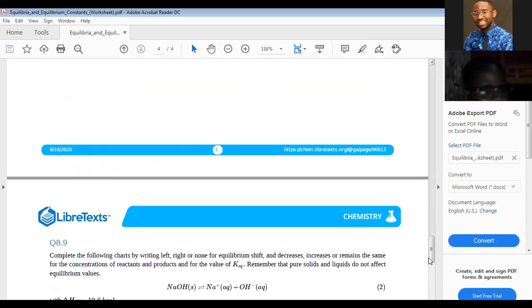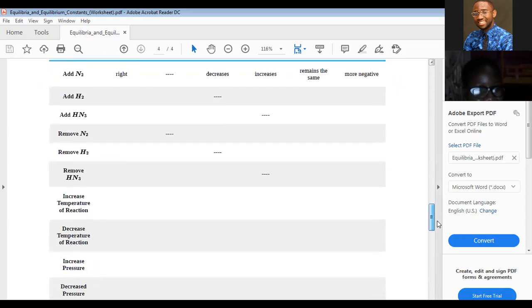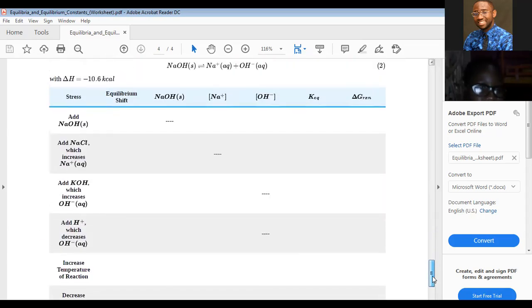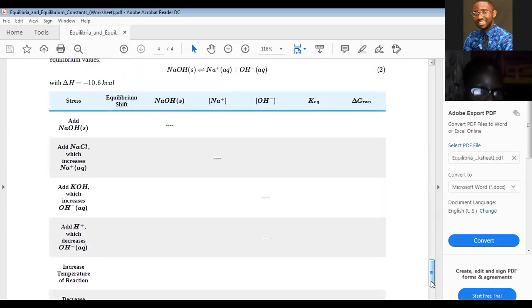Now I gave you this also as an assignment, so let's use it as classwork then. Add NaOH, that's sodium hydroxide. Where will equilibrium shift to? To the left?